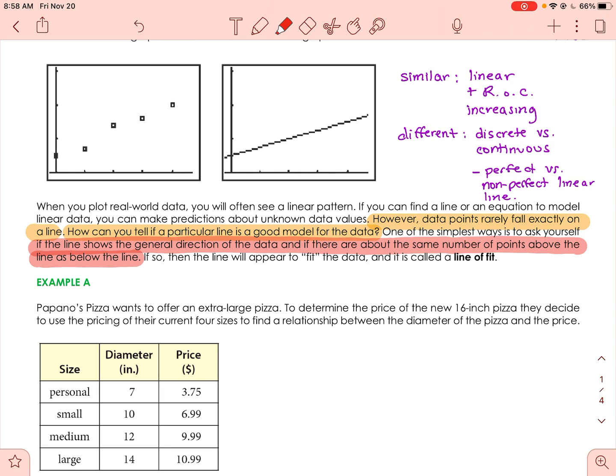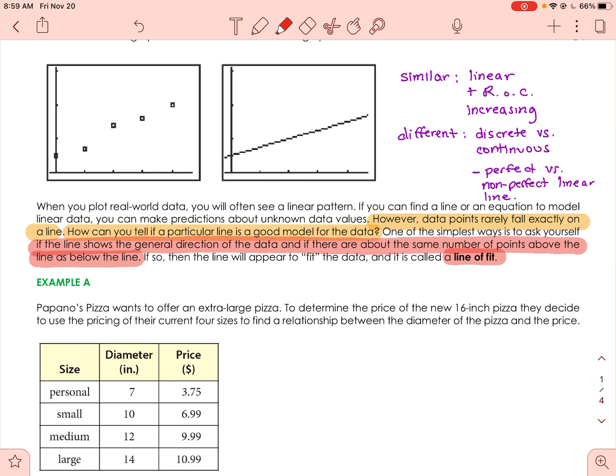And when you have a line where it has the same general direction, meaning positive or negative, increasing or decreasing, and a similar number of points fall above the line as below the line, you get what you call a line of best fit or a line of fit.